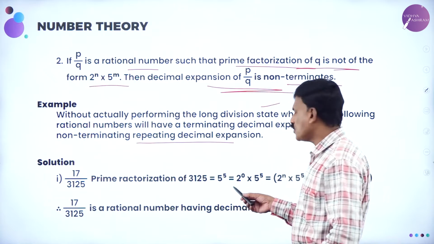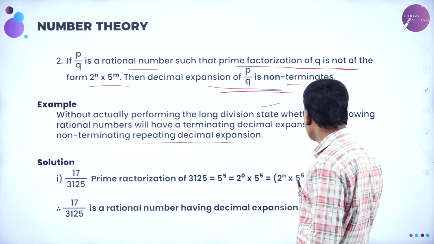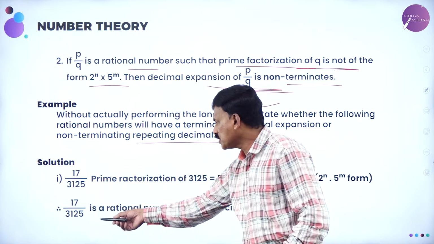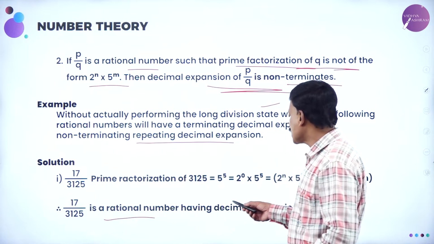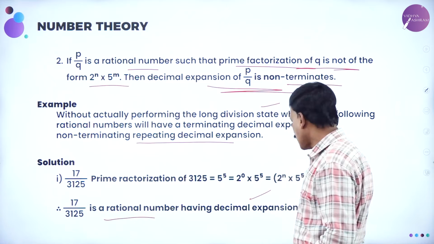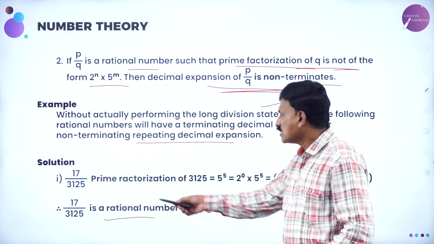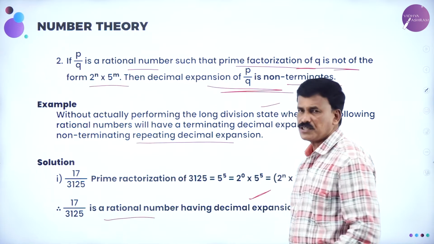So this is of the form 2 raised to 0 into 5 to the power of 5, which is of the form 2 to the power of n into 5 to the power of m. Therefore, 17 by 3125 is a rational number having a terminating decimal expansion.